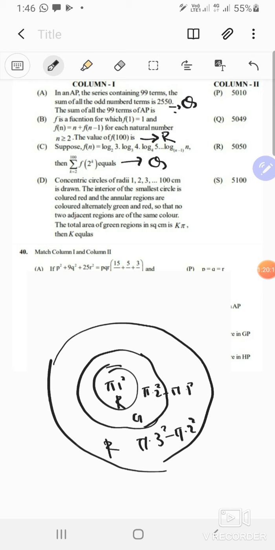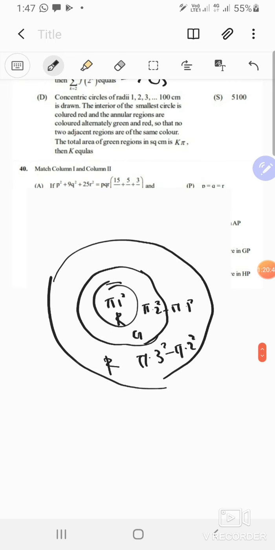All the odd numbered ones, the region below them, will be red. So till the 99th circle, the outermost region will be the red one. Then at the 100th circle, that will be a green region. So we have to find the sum of the green regions.